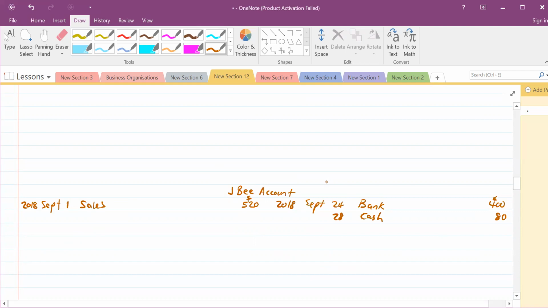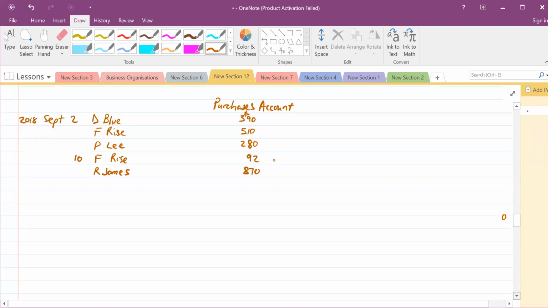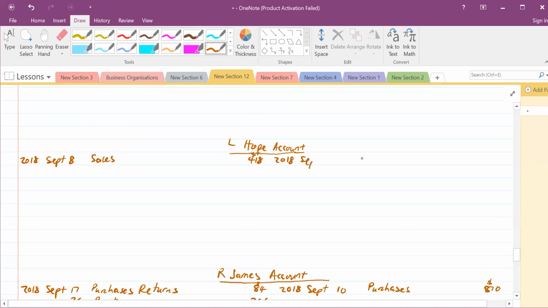And then to finish up with L. Hopes, who paid us by check for 18. So we go to L. Hopes account. Over there, and when debtors are decreasing, they are credited. So September, that one is on the 30th.